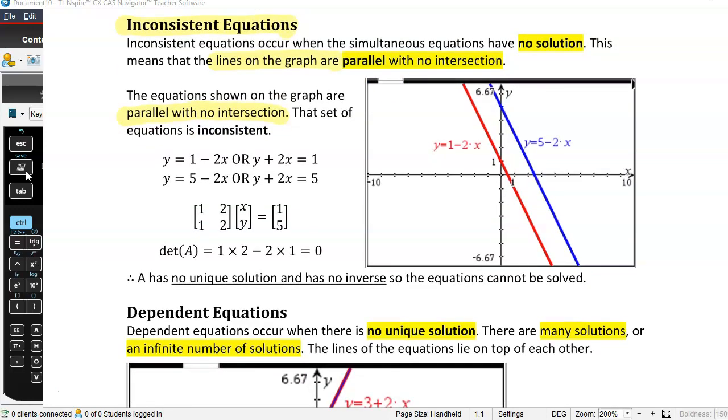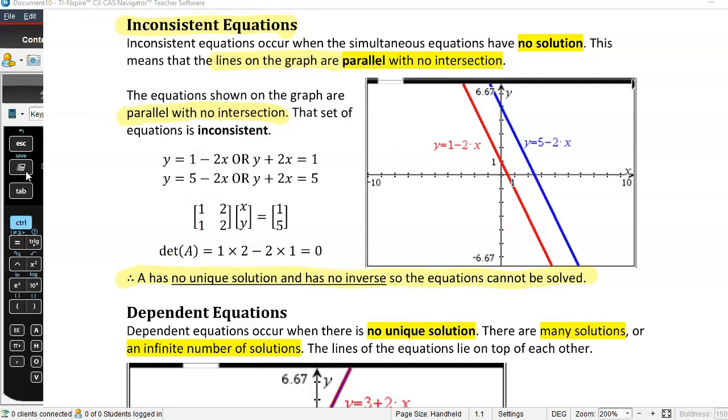Okay, so basically there is no solution. Okay, you've got to remember there's no solution there. So these are the equations. I've set them up in the matrix and our determinant is equal to 0.